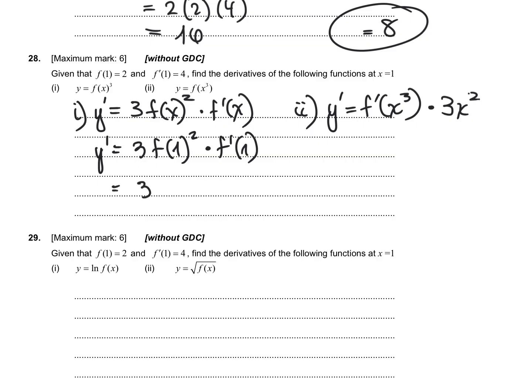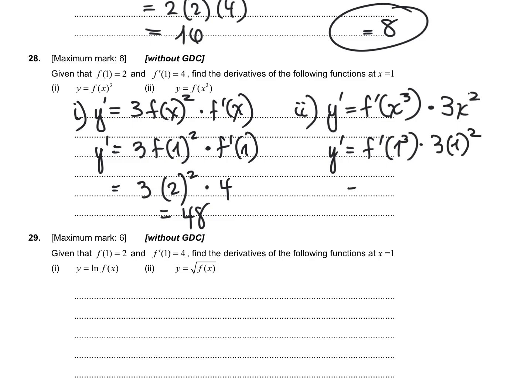So this is 2 squared times 4, so 12. This should be 48. And then this one is going to be the derivative at 1 cubed, which is 1, times 3 times 1 squared. So derivative at 1 is 4 times 3, which is 12.